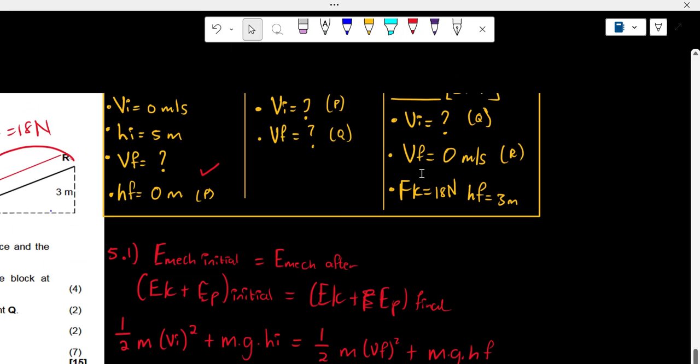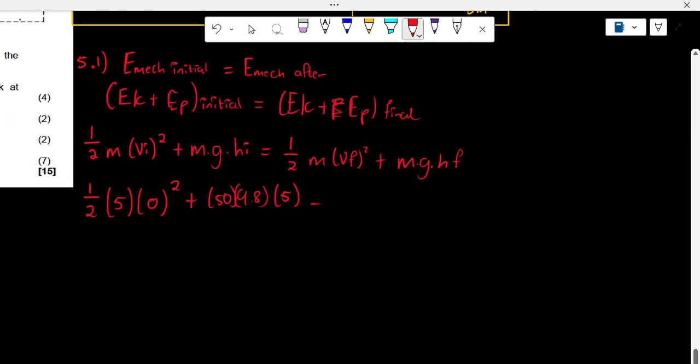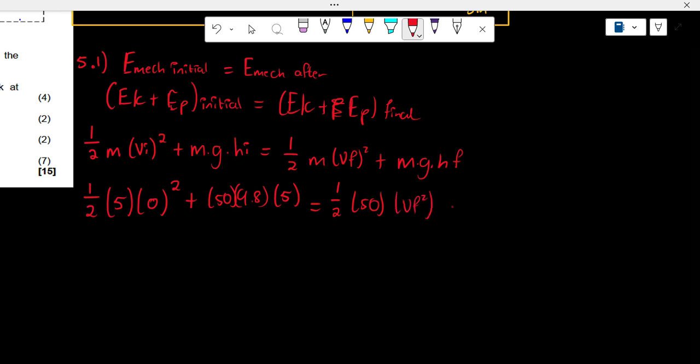Remember, all this information I'm getting from the data that I collected. This is then equal to 1/2 times the mass of 50 times the final velocity that we want, plus 50 times 9.8 times the final height of 0. On this side, I get 0 plus 50 times 5 times 9.8, which is 2,450.